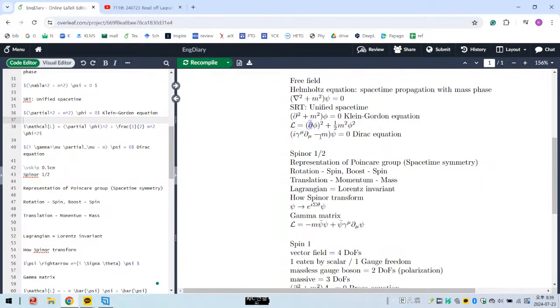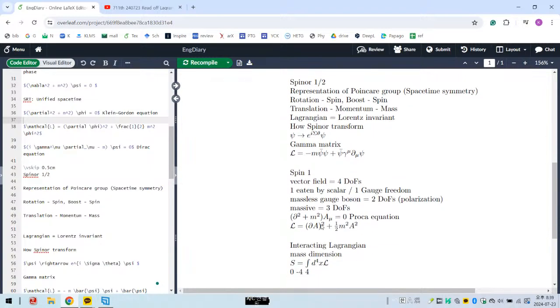The partial derivative corresponds to the momentum operator in quantum mechanics, so it has mass dimension 1, and the phi squared term has mass dimension 2. Similarly, in the mass term, there is mass squared and phi squared. This gives us the mass dimension of the Lagrangian. So the scalar field has a mass dimension of 1.